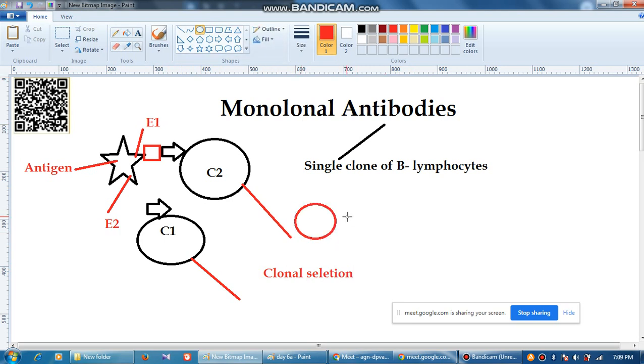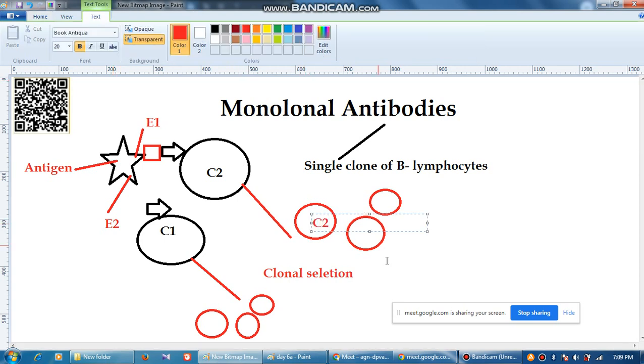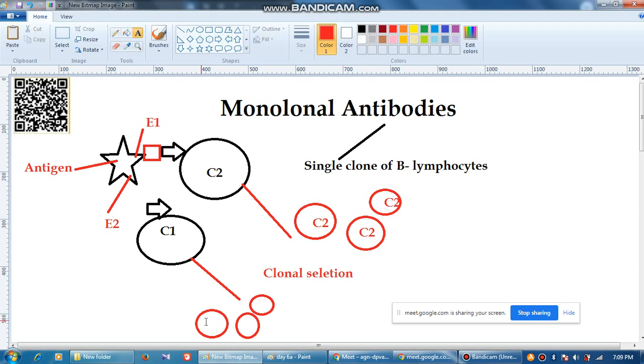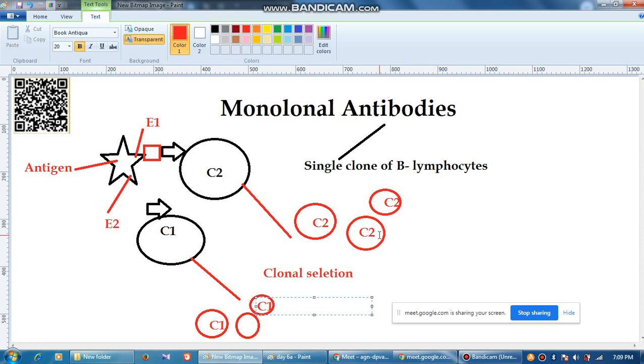The clones which are very effective against these particular epitopes on the surface of the antigen will undergo propagation, and many more clones will be formed. Many C2 will be there, and here again C1 for a different epitope, C1 and C1 will be formed.